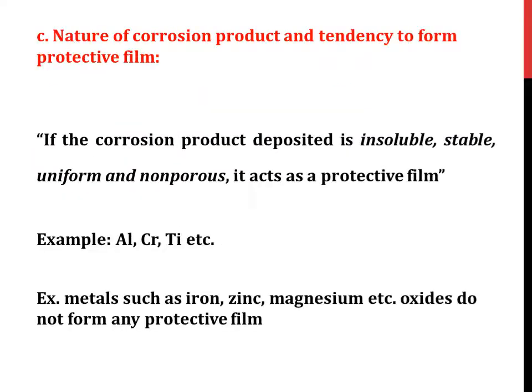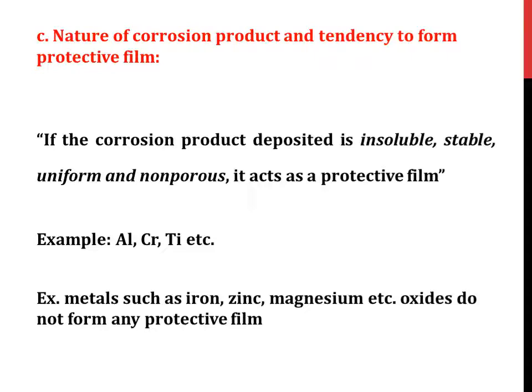Next is the nature of the corrosion product and the tendency to form a protective film. So how the product formed during corrosion will influence the rate of corrosion. The nature of the corrosion product plays a major role here.